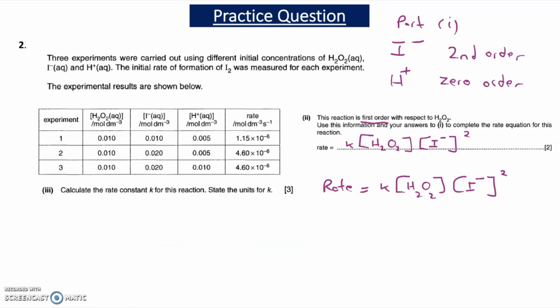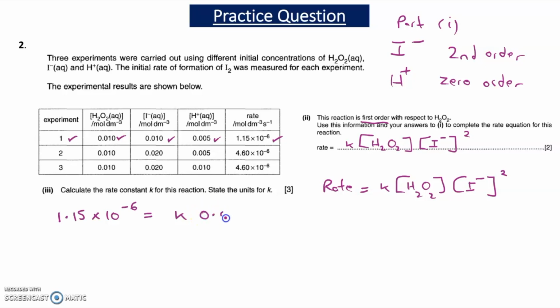And part 3 is asking you to calculate the rate constant K for this reaction. Now I can use any set of data here to work out the value of K. I'm going to use experiment 1, but I could use the values in experiment 2 or 3. So I'm going to use all these values in experiment 1, and I'm just going to substitute them into the equation.